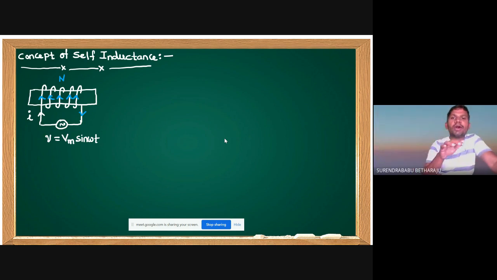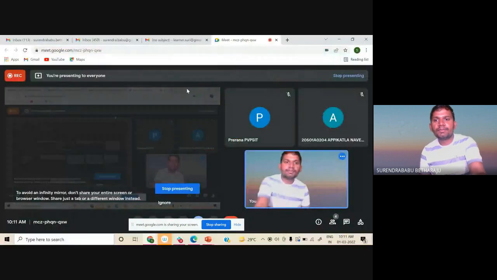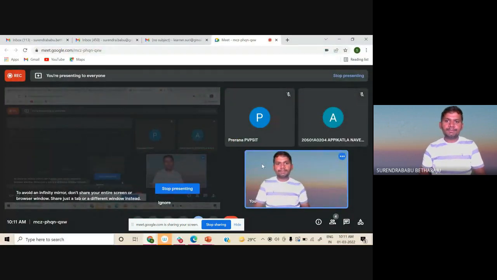But if it is a solenoid or circular coil, then the curled fingers indicate the current direction and the thumb indicates the flux direction. Now, what is the direction of the flux, friends? This is the direction of the flux.